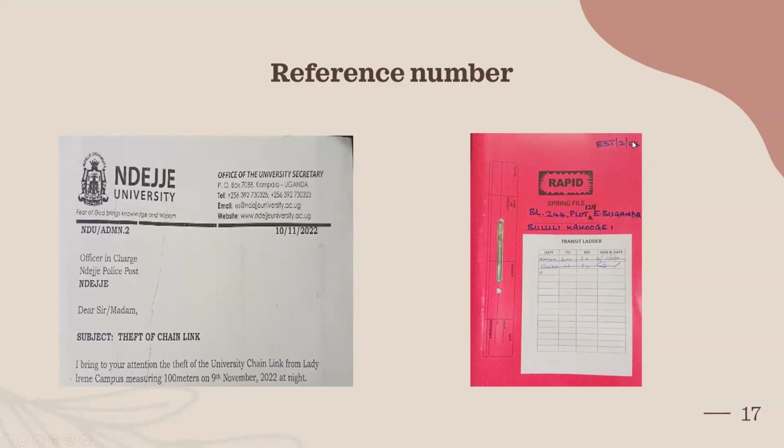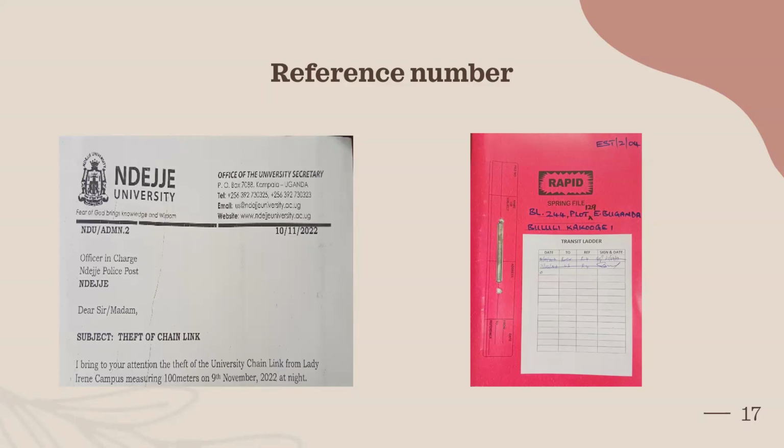If someone walked into my office and he needed a file about estates, maybe he's looking for information about block 244 plot 129 E Buganda Bululi Kakoge, information about anything concerning that, I can retrieve it very fast. Why?